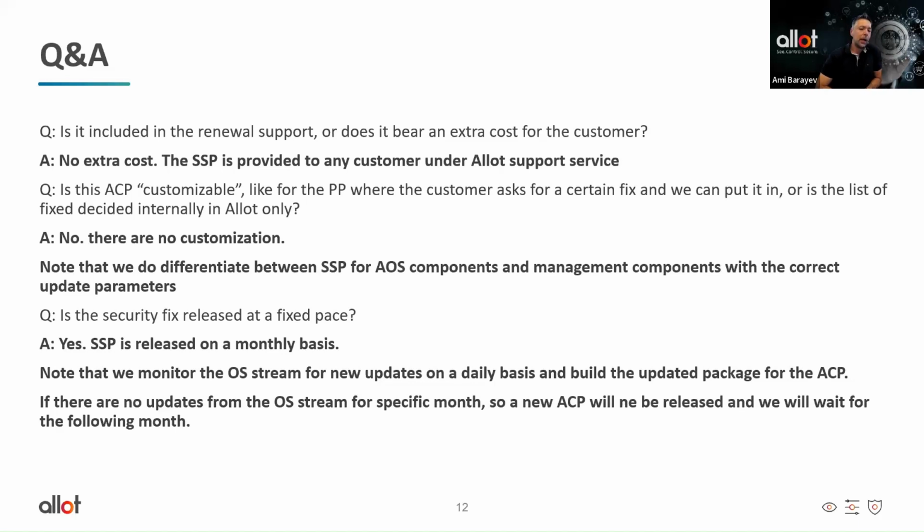The only case in which we may not release an SSP is if, in a specific month, there is no update from the community, from the OS stream that we're using, and nothing was fixed in this month. Then probably there will not be an SSP in this specific month, but there will be in the following one.